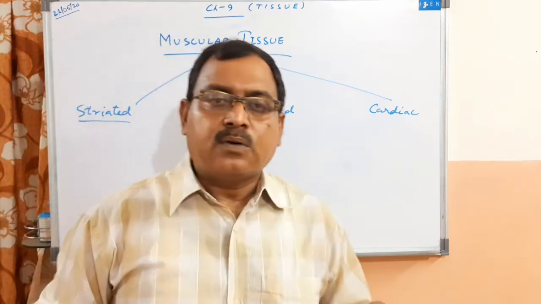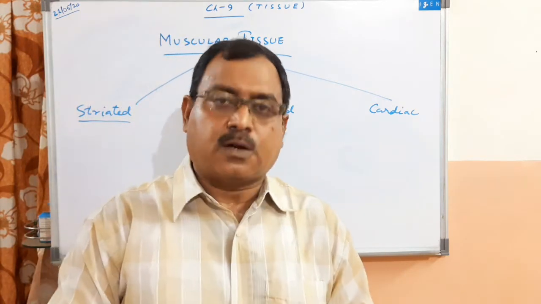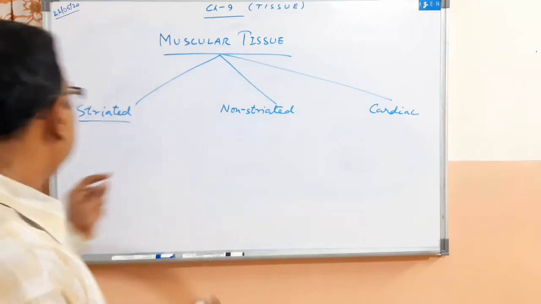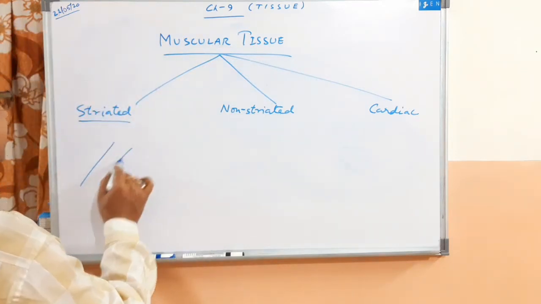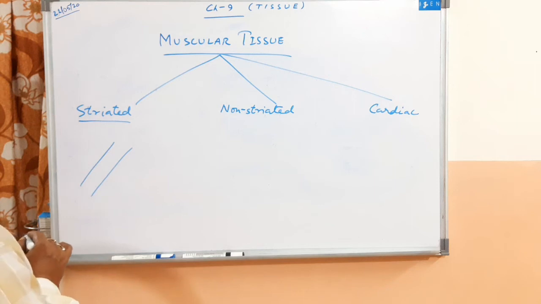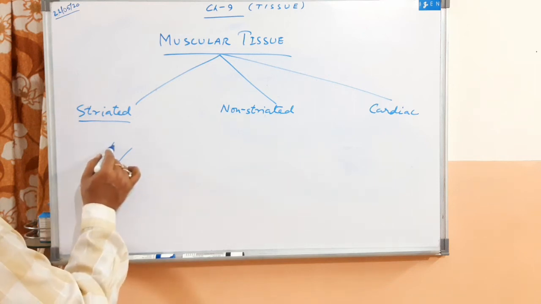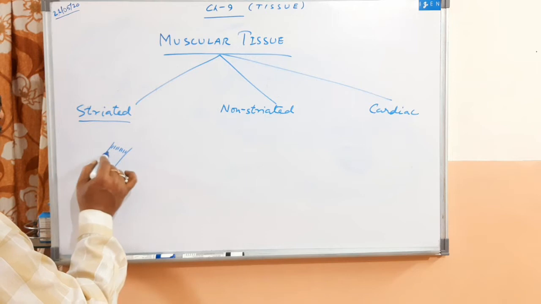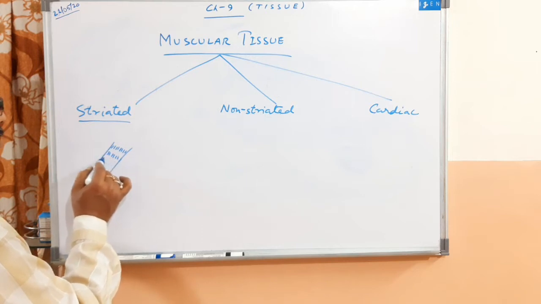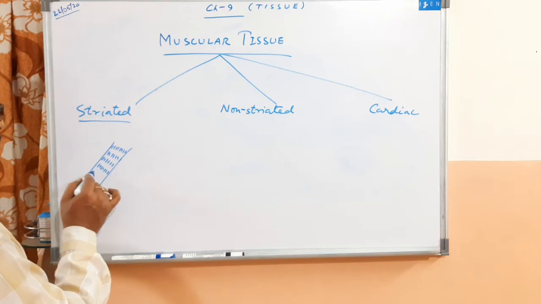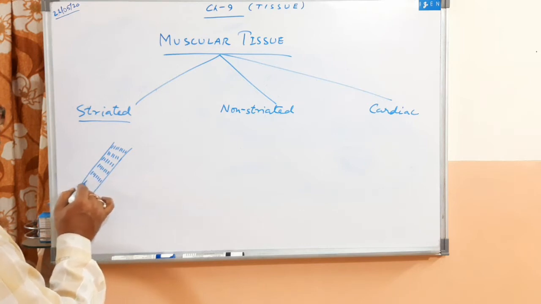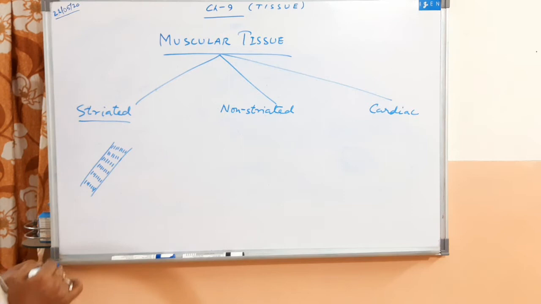Now, striated muscular tissue means what? These tissues are thick, clear, and you will find dark and light striations or stripes. Understood?